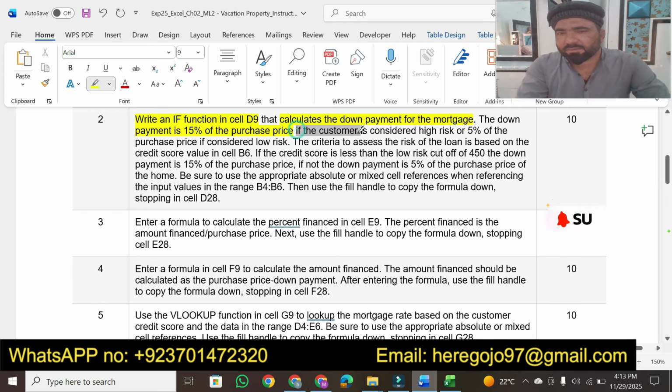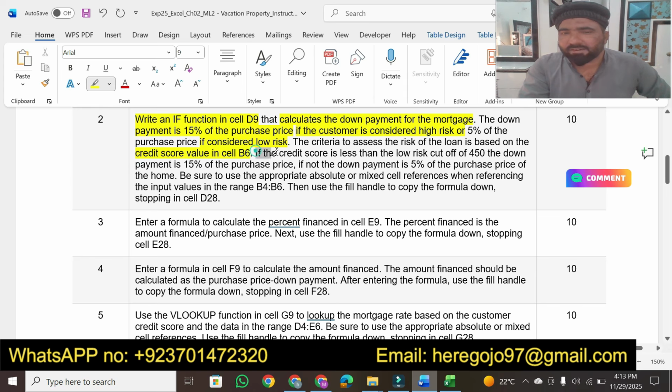If the customer is considered high risk, or 5% of the purchase price if considered low risk. The criteria assesses the risk of the loan based on the credit score value in cell B6. If the credit score is less than the low risk cutoff of 450, the down payment is 15% of the purchase price.